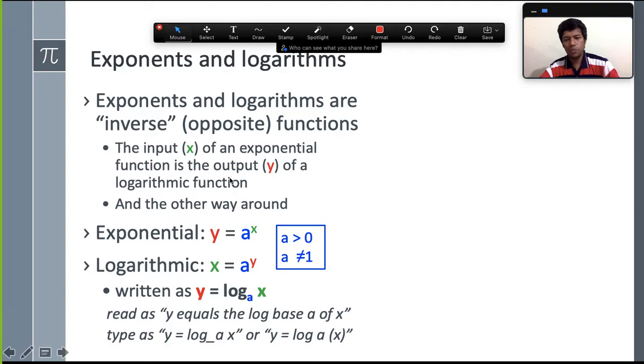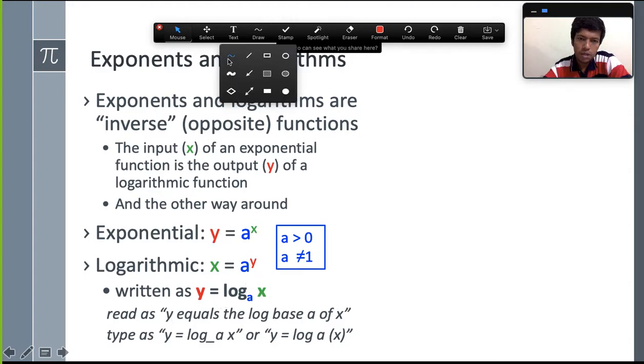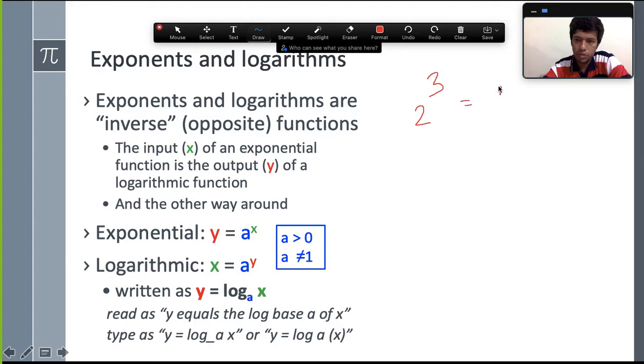And then we can write it in this notation system, just like you have seen in the example that we have given you. When you have 2 to the power 3 equals, let's say, 8, how do we write it? We write log base 2 of 8 equals 3.